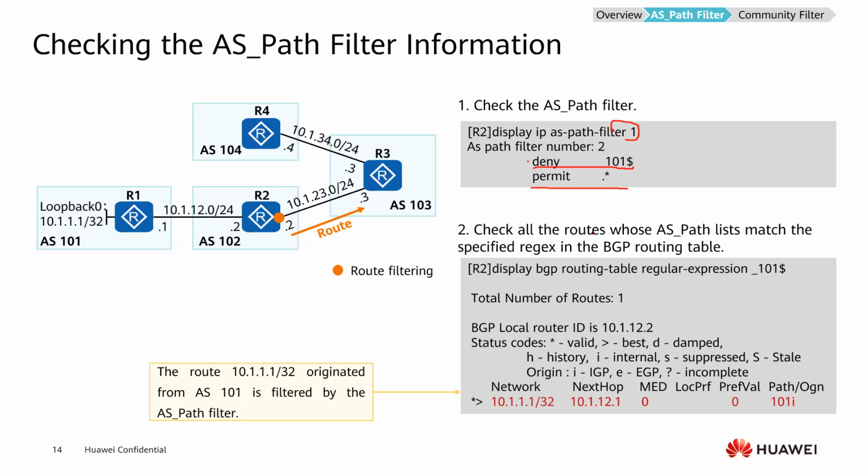Second, you can check all of the routes that match the AS-path filter. You can find that only the routes from R1 will meet this regex, just meet the AS-path filter you just created. So this is the example for the AS-path filter.